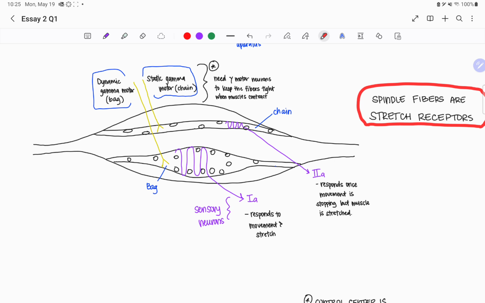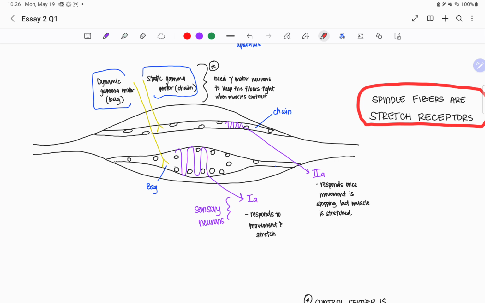The reason that we need these gamma motor neurons is because, like I said, this muscle spindle is a stretch receptor. So what happens when you're contracting your muscles? You want these muscles to also contract, right? You don't want them to get loose and not tight, because you want to be able to know exactly when your muscle is starting to stretch.